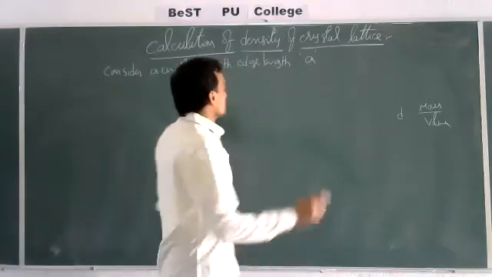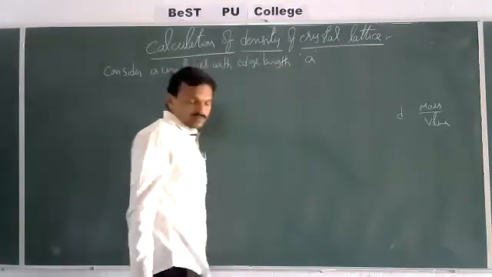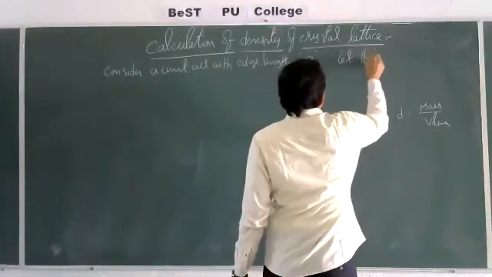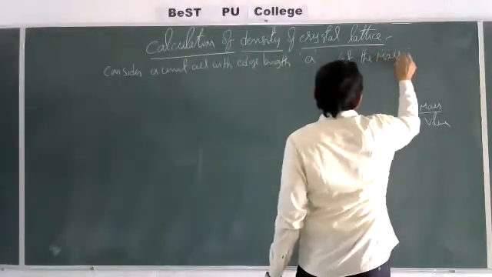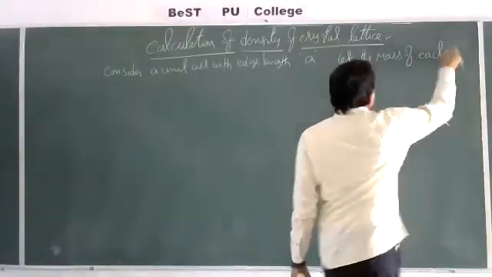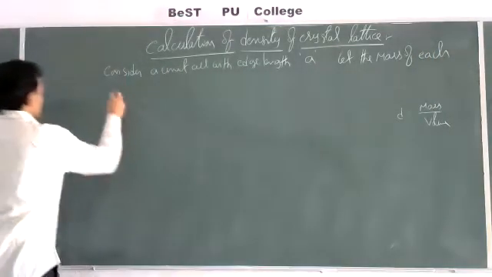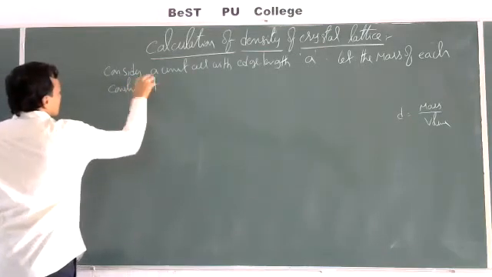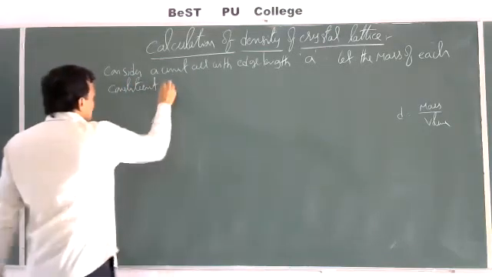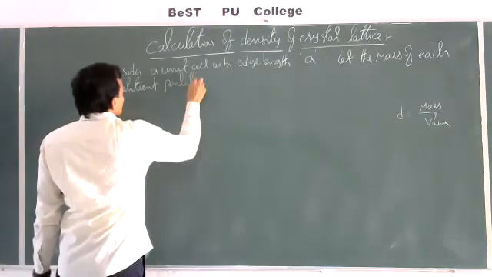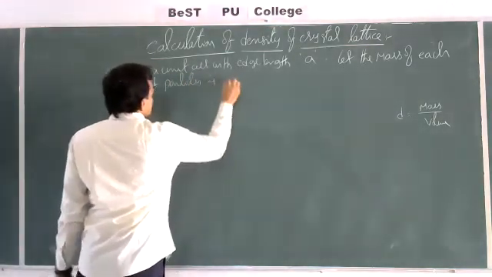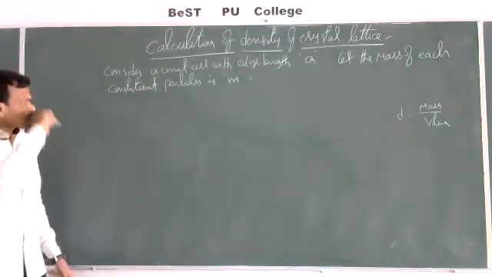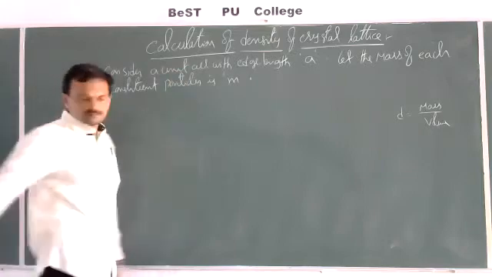Okay, and let A be the edge length of the unit cell, and let the mass of each constituent particle be small m. Small m is the mass of each particle.